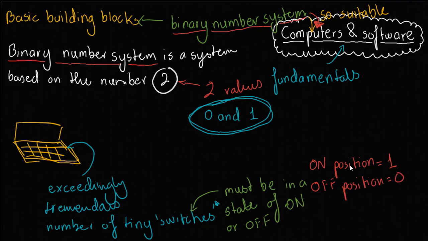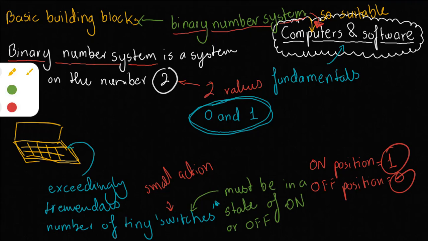So each of these tiny switches, which controls a small action, is either on, which is 1, or off, which is 0. So that is why the binary number system is, until now, the basic building block of all modern day computers.